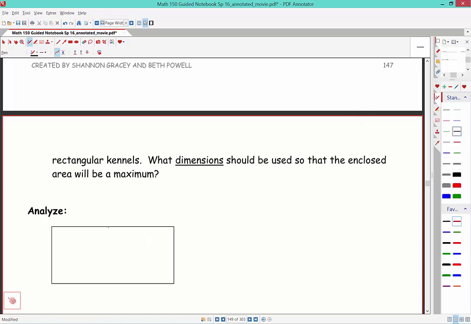And so that she doesn't waste her fencing, she put a segment of fencing down the middle there.